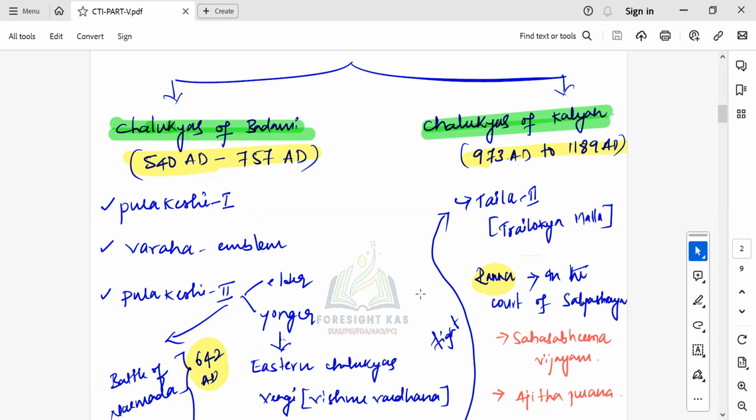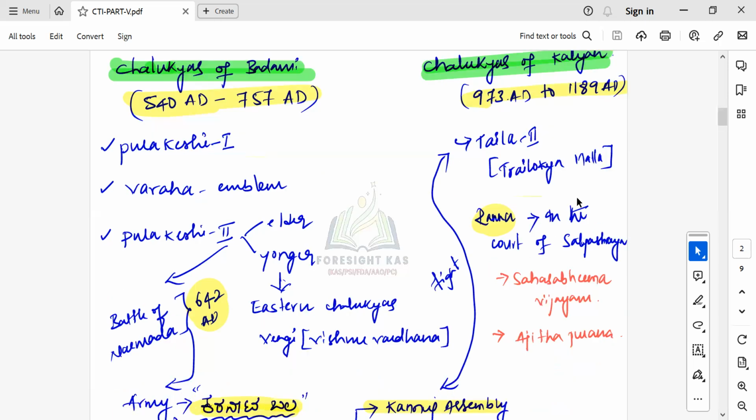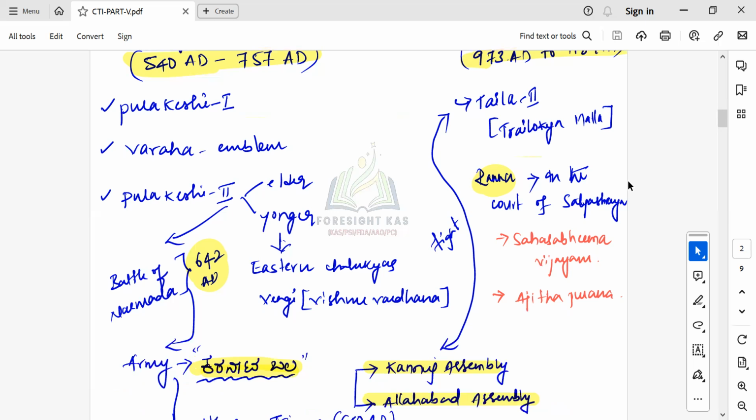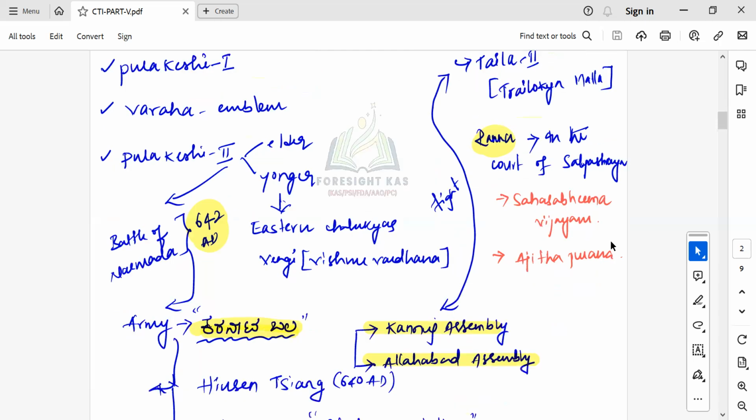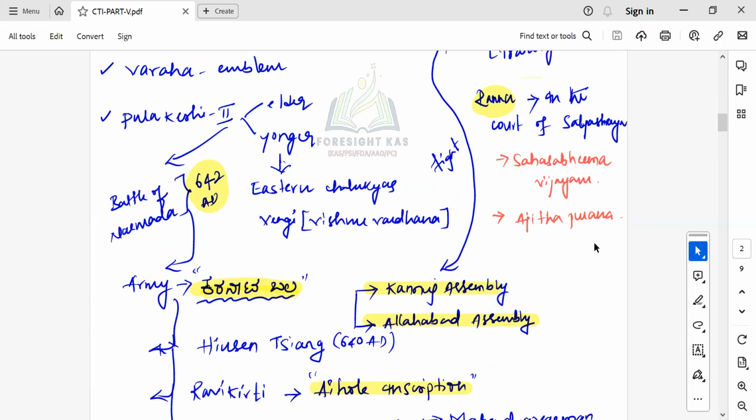So the Chalukyas of Kalyan were kind of feudal, who later on took power, and Taila II was its first founder. We can call him Trilokya Malla. Another important aspect is that Ranna was in the court of Satyashraya, who was also a king in the Chalukyas of Kalyan, and he wrote two books which have been asked many times in the exam, Sahasa Bhima Vijayam and Ajita Purana.